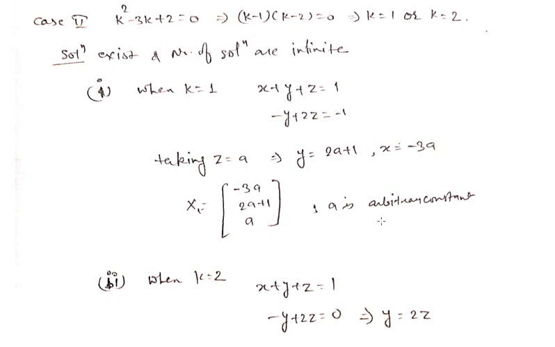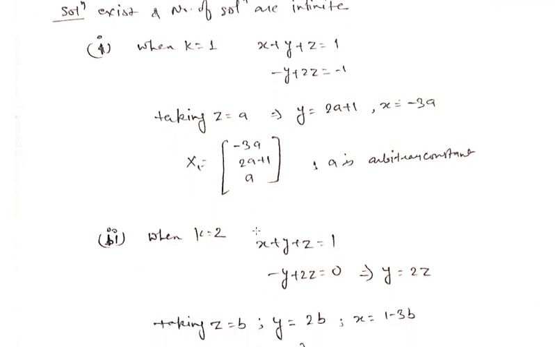Here a is an arbitrary constant. So from here we obtain the value of y, which is 2a plus 1. Now putting the values of y and z into this equation, we get x is equal to minus 3a. So in the case of k equal to 1, the system has the solution x equals minus 3a, y equals 2a plus 1, and z equals a.